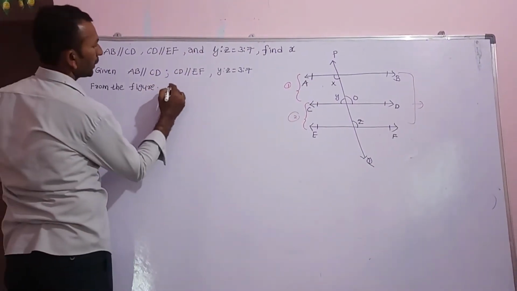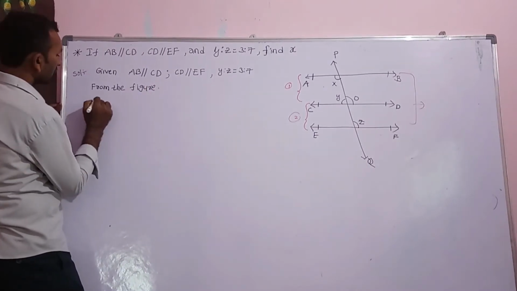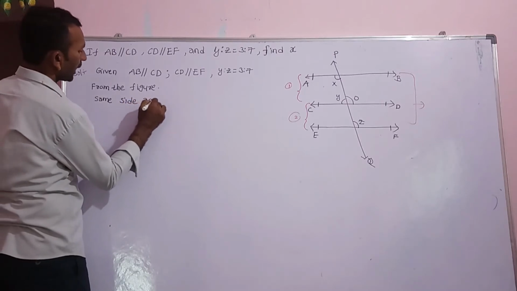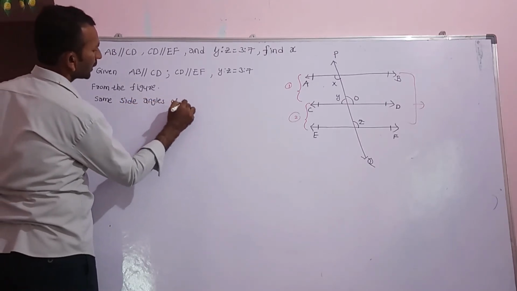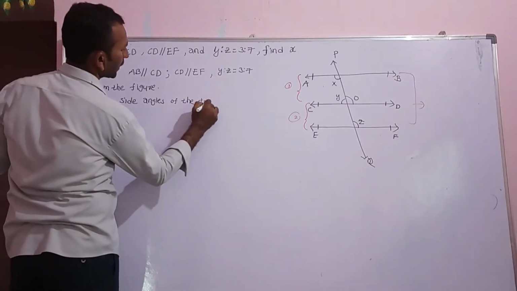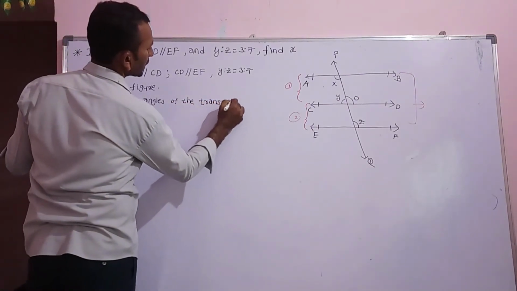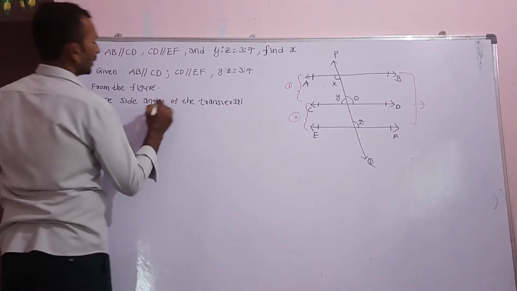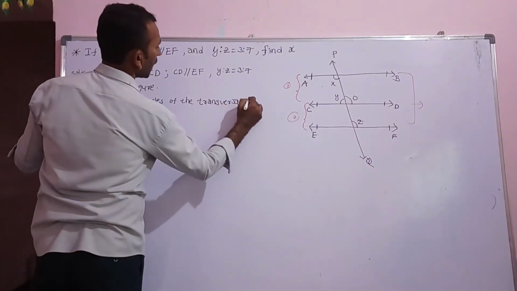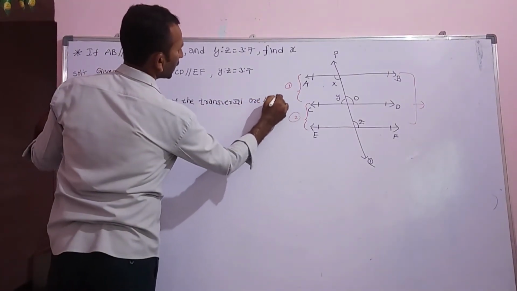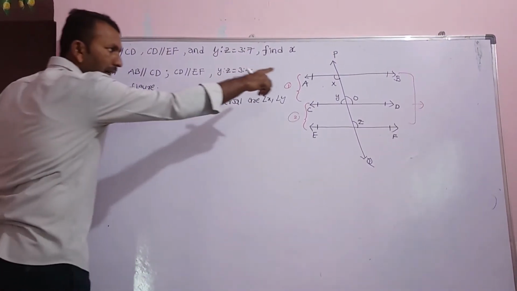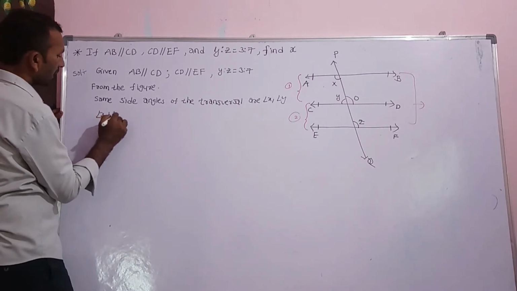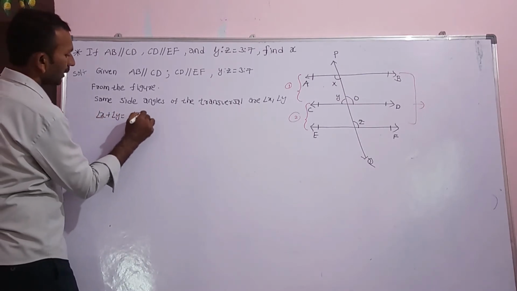The same side angles of the transversal are angle X and angle Y. The sum of same side angles is 180 degrees, so angle X plus angle Y equals 180 degrees.